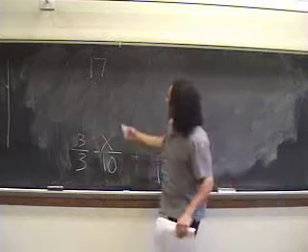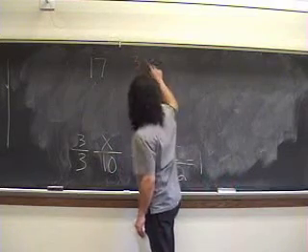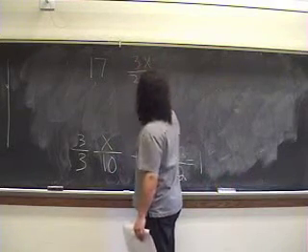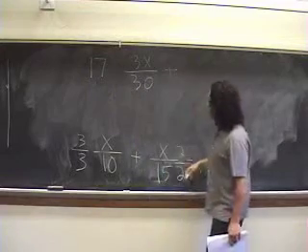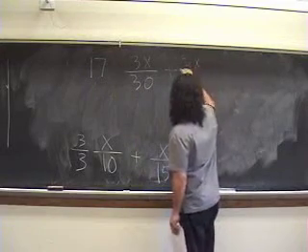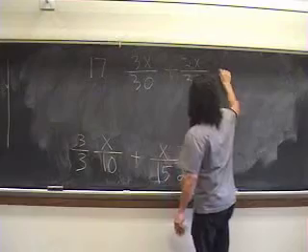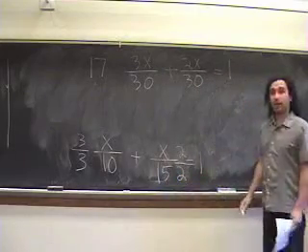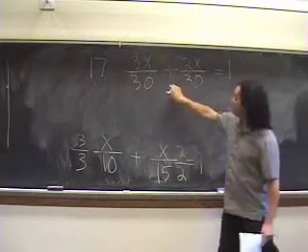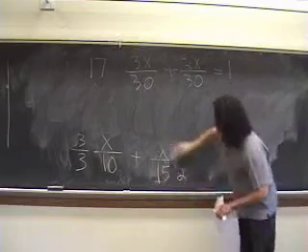So we now have 3x over 30 plus 2x over 30 is equal to 1. We have the same denominator.